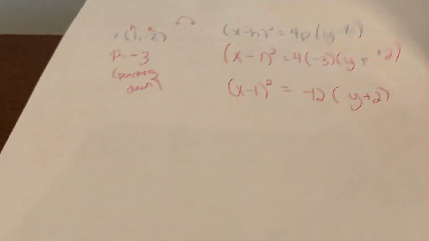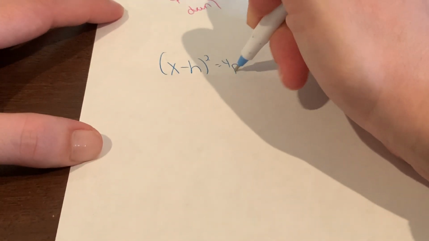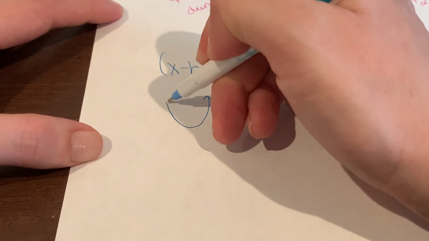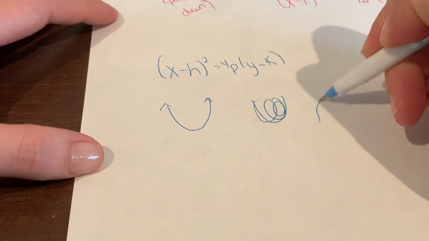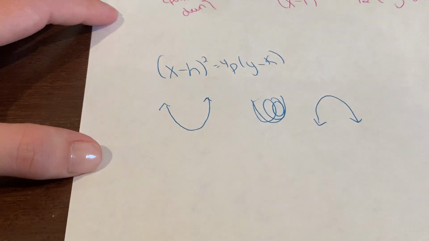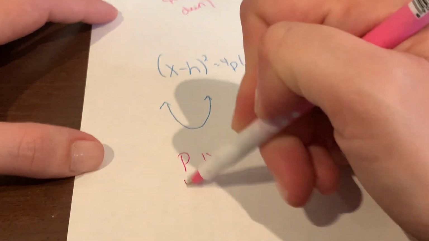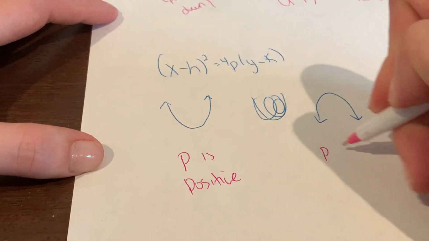Okay. One last thing I just want to reiterate with you is the p-value. So again, we know if the equation has the x being squared, the only way it could be facing is up or down. And that means if it's up, p is positive. If it's down, p is negative.